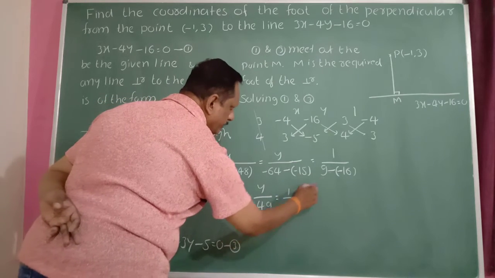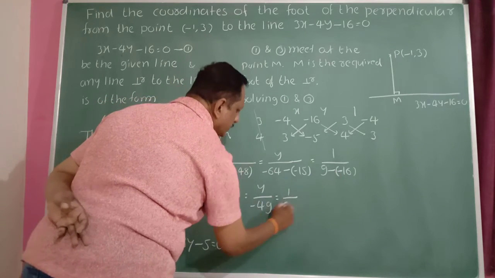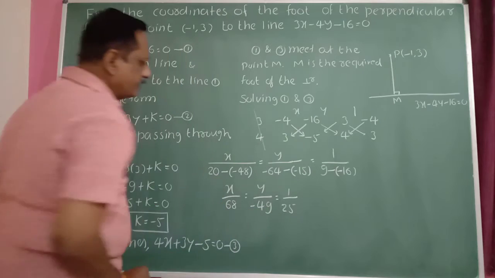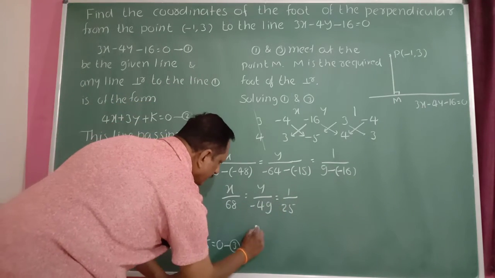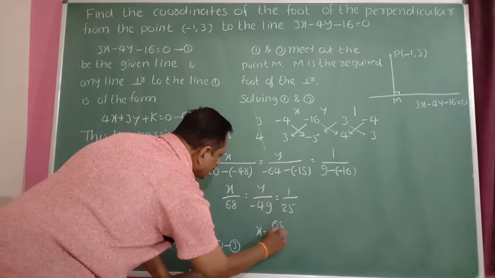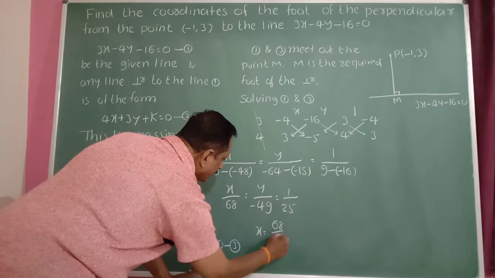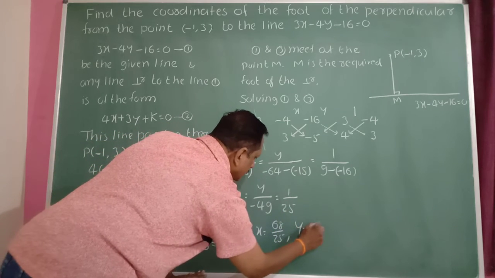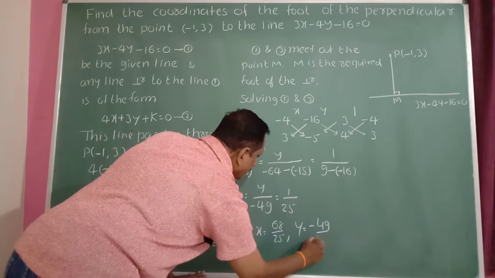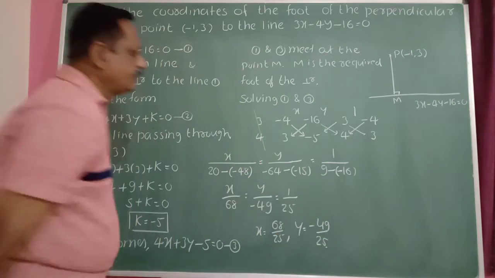Then 1 upon minus into minus plus here, plus 16 becomes 25. Taking the first and last ratio and cross multiplying, x is equal to 68 divided by 25. Equating these here, cross multiply, y is equal to minus 49 divided by 25.